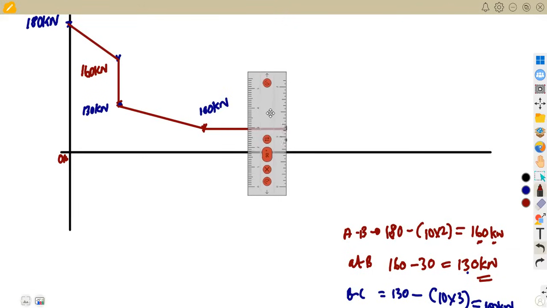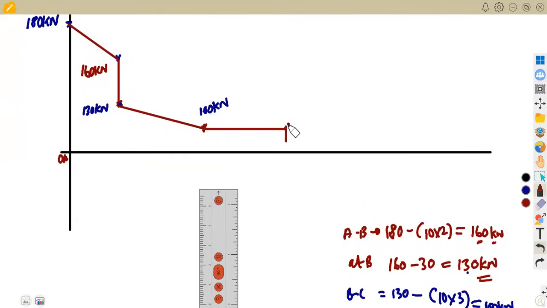We were still at 100, then we subtract 40. Now we are at 60, so this point here indicates 60 kilonewton.